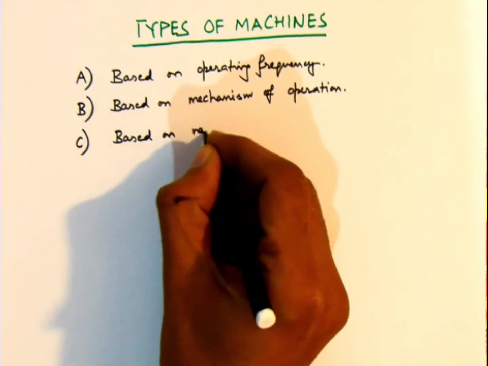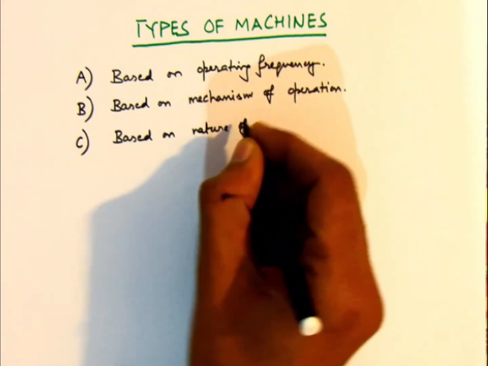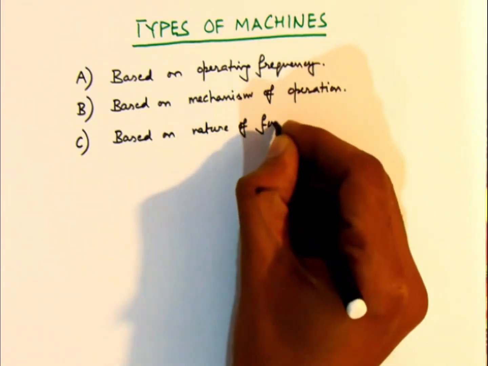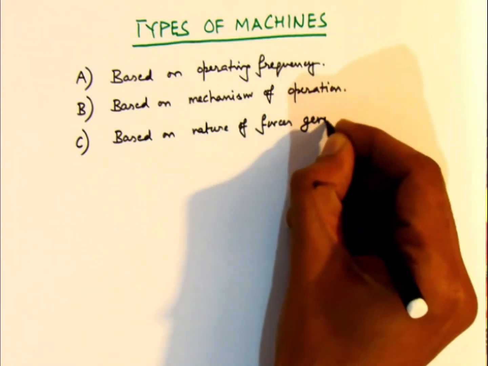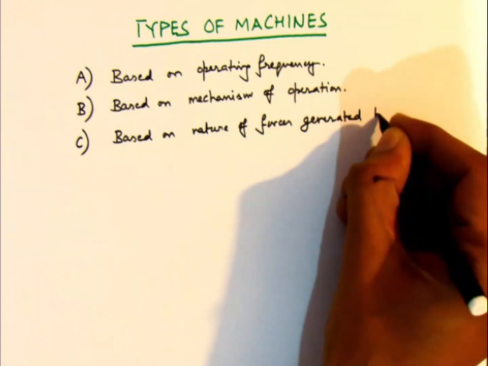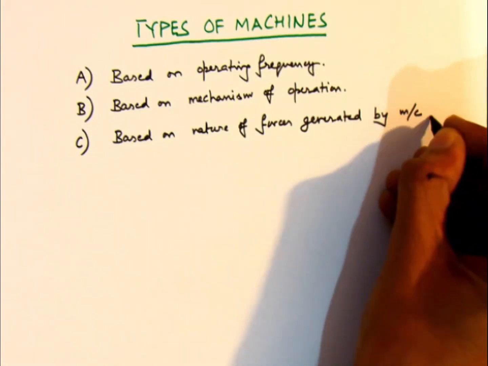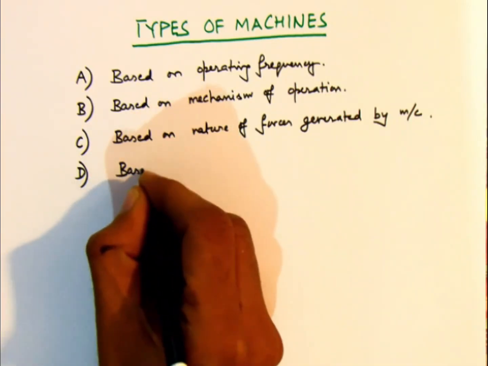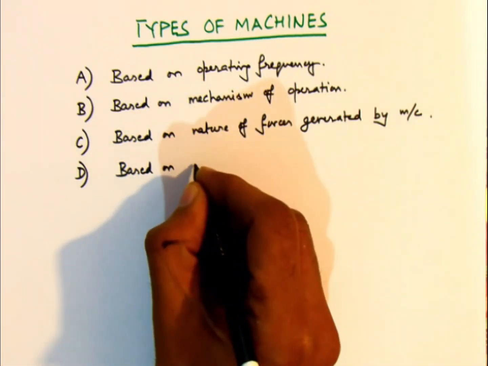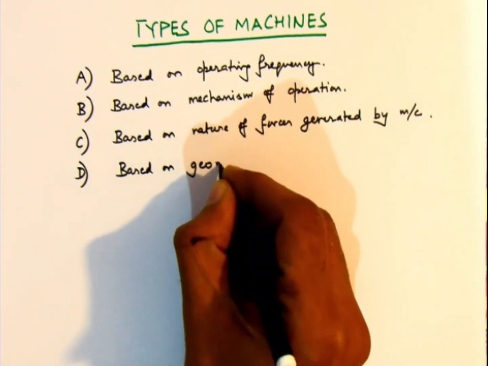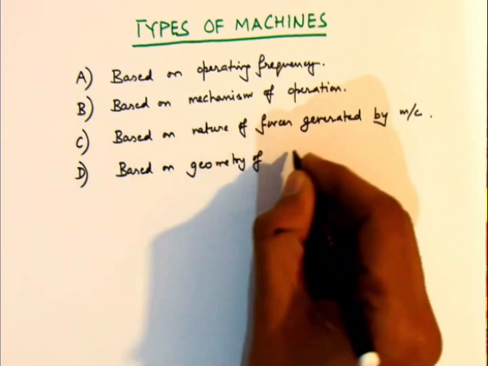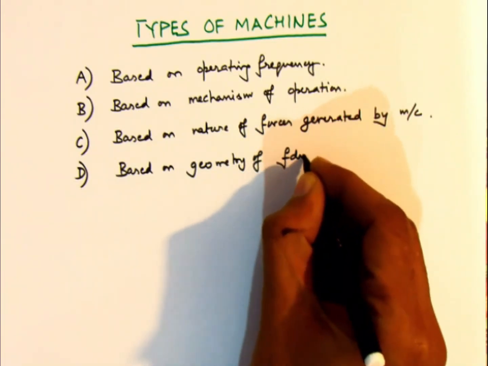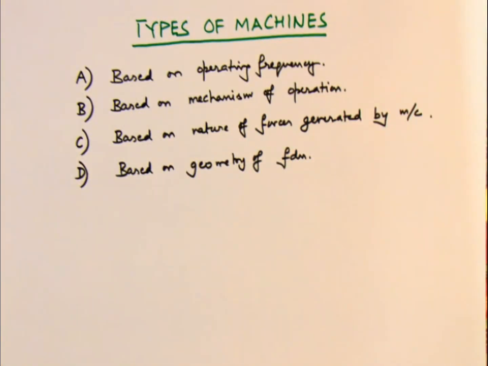They can also be classified based on the nature of forces generated by the machine. They can also be classified on the basis of the geometry of the foundation supporting them. So let us see all these classifications.